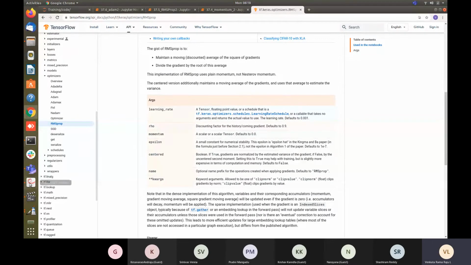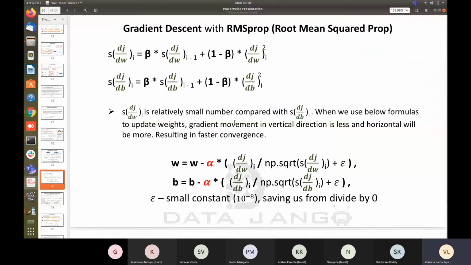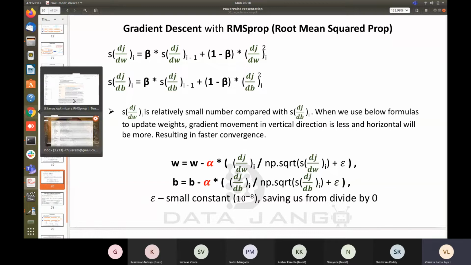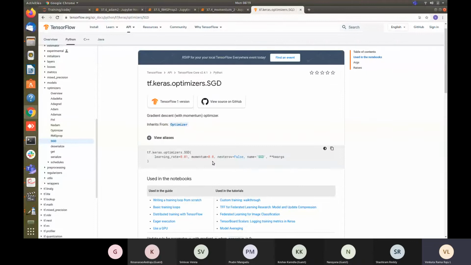Let us look at the formula once. Give me 1 minute. In SGD itself they gave momentum. This momentum is the 0.9 value I mentioned; 0 means it is plain SGD.